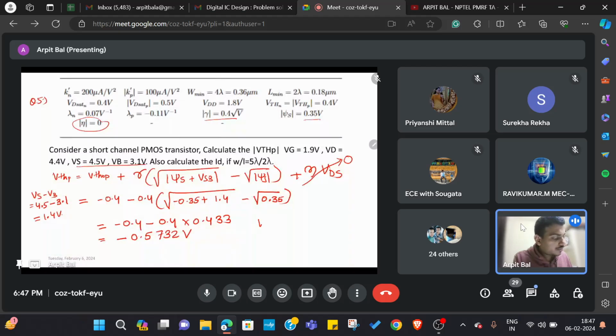Now let's find out VGS minus VTH. VG is 1.9 minus VS is 4.5 minus VTH, which we found out to be minus 0.5732.